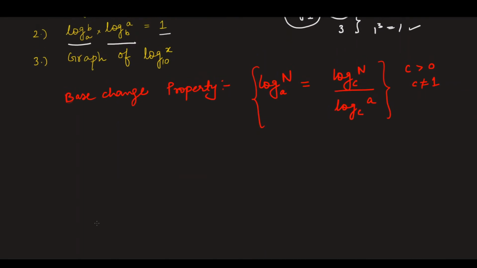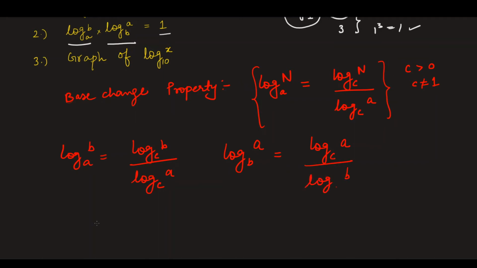So log b to the base a can be written as log b to the base c upon log a to the base c, where c is a common base. And we can also write log a to the base b as log a to the base c upon log of b to the base c. In this, c is the common base in both cases.